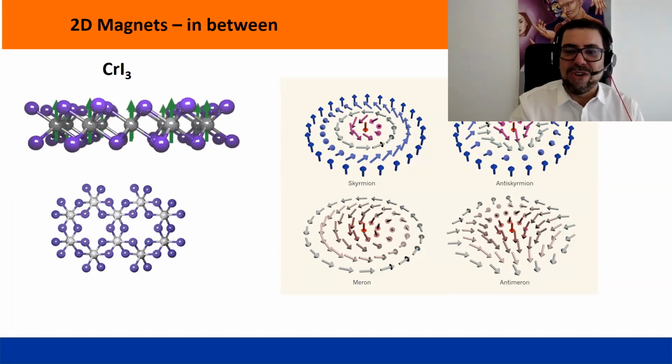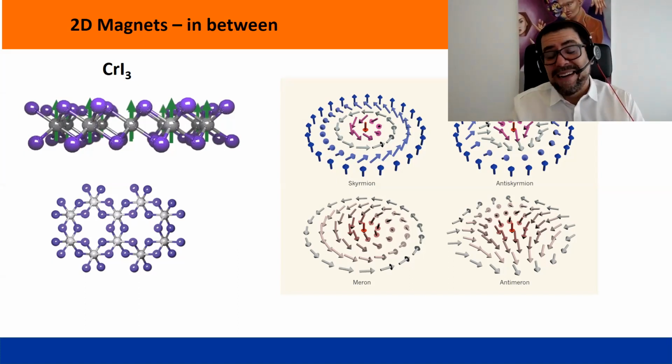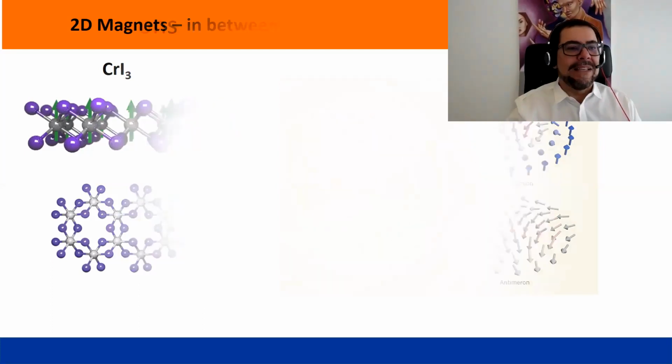And this is also an effect of quantum mechanics. Nevertheless, they are more resilient than 1D magnets to get order, but less resilient than 3D magnets. So again, dimensionality plays a big role.